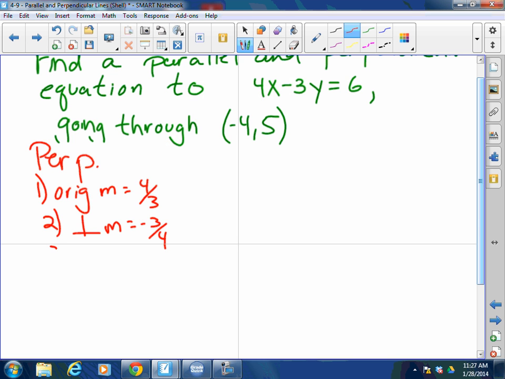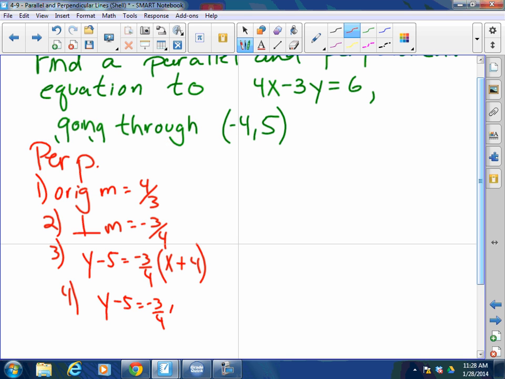Yes. Now, y minus y1 equals m times x minus x1. So minus a negative 4 is plus 4. Very good. So now step 4, solve. y minus 5 equals negative 3/4 x. What's negative 3 times 4? No, not 3. Negative 12 divided by 4 is negative 3. Add 5 to both sides.